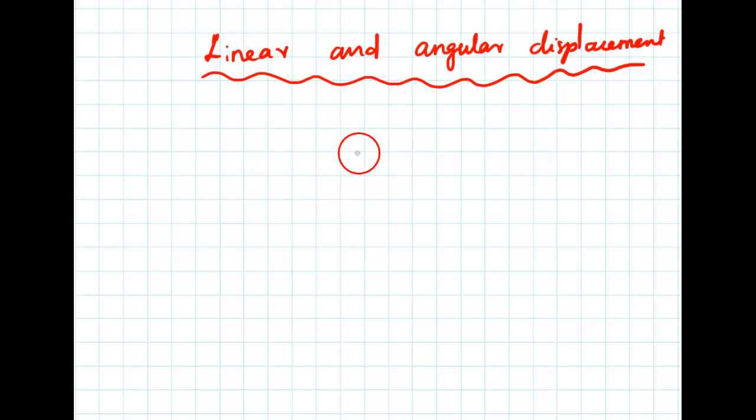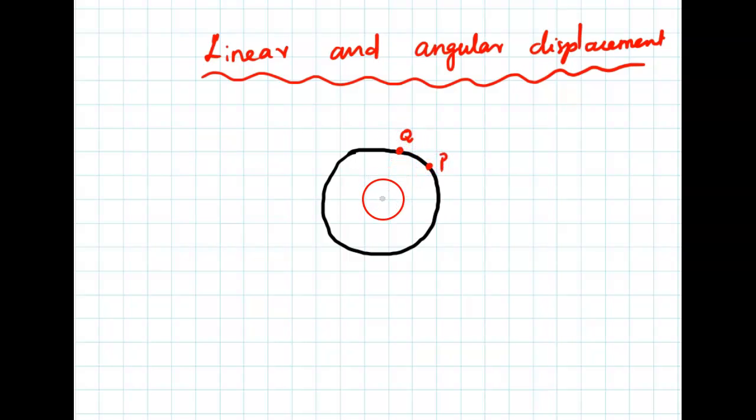We can draw a circle, and here the point P, and here is the point Q. So here is the center, and we draw the position vector R.